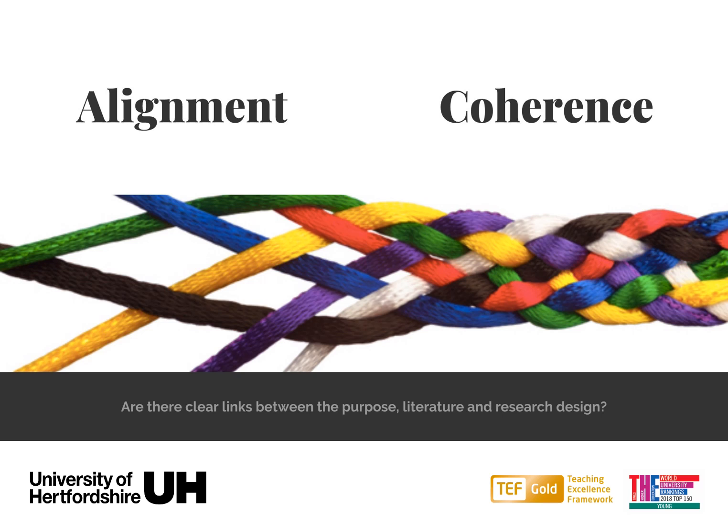Yeah, when you start planning your research, think about whether there are any links or consistency between the purpose of your research, for example, that you want to explore something, then what you have found in the literature review, and then the philosophical underpinning.